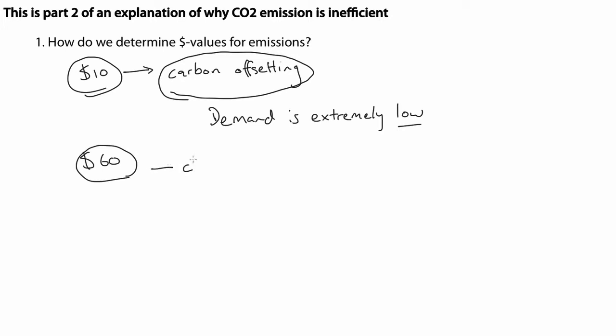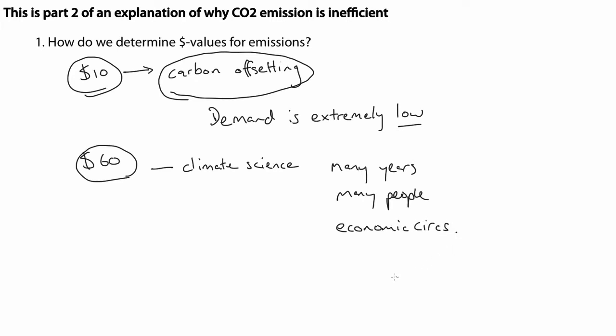It requires both climate science to estimate what the effect is going to be of increasing our emissions or of maintaining our current level of emissions, working out the effect of that over many, many years, and how it will affect many, many people across the whole range of economic circumstances that people live in.